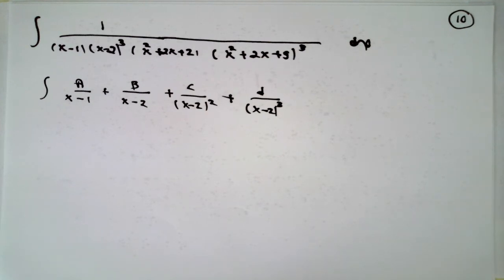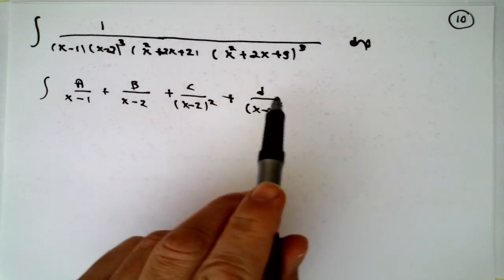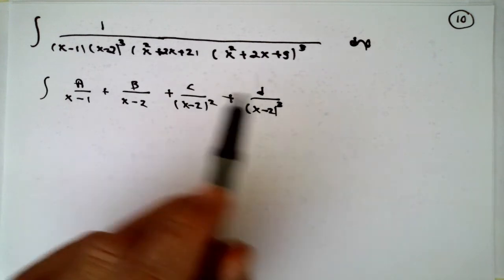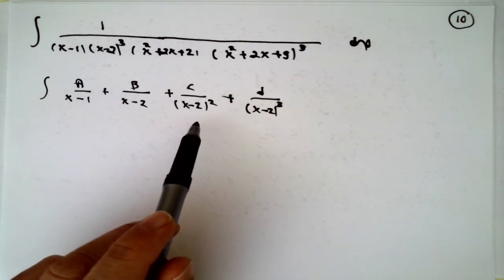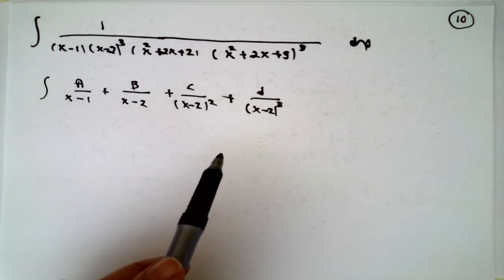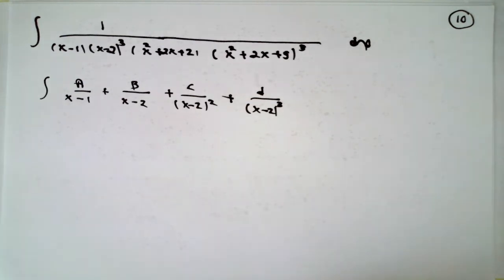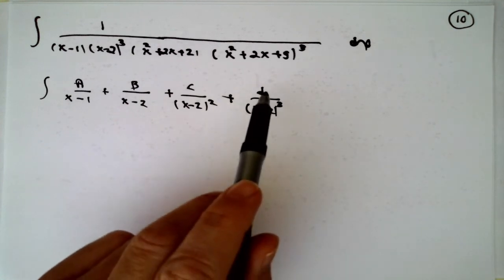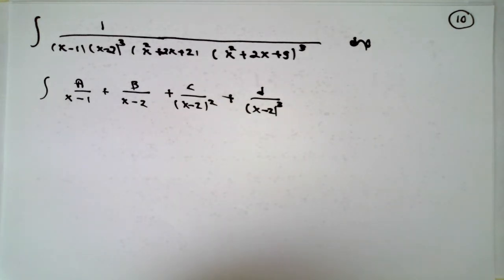Taking into account that I have 3 factors of x minus 2, though, I have additional terms, both of which have constants in the numerator. But because of the repeated factor x minus 2, I'll have c over x minus 2 squared and d over x minus 2 cubed as well.